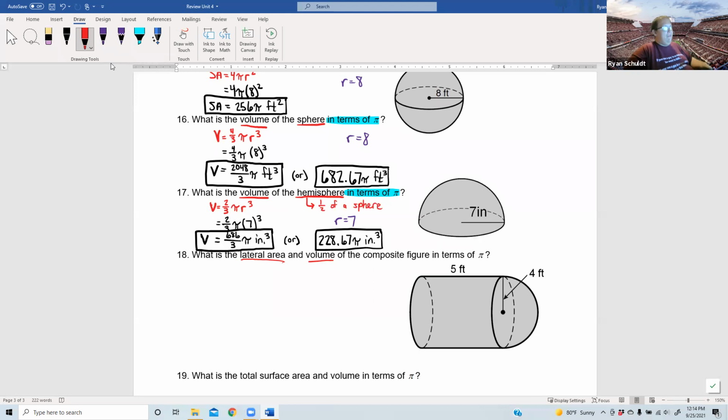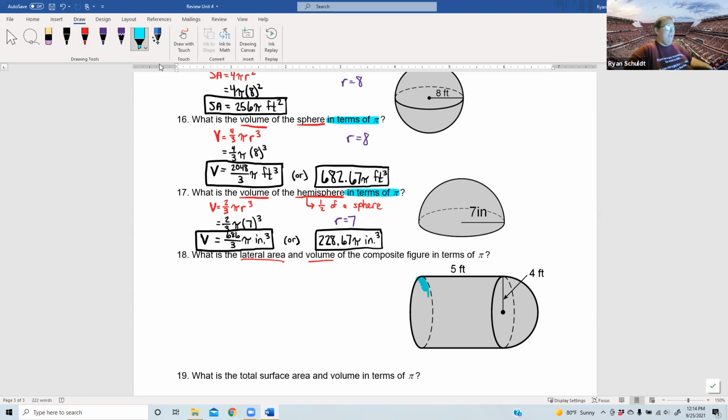So think of it this way. Where would this stand up at? Could it stand up on this curved side? No, it would just fall back down. So this is my base.